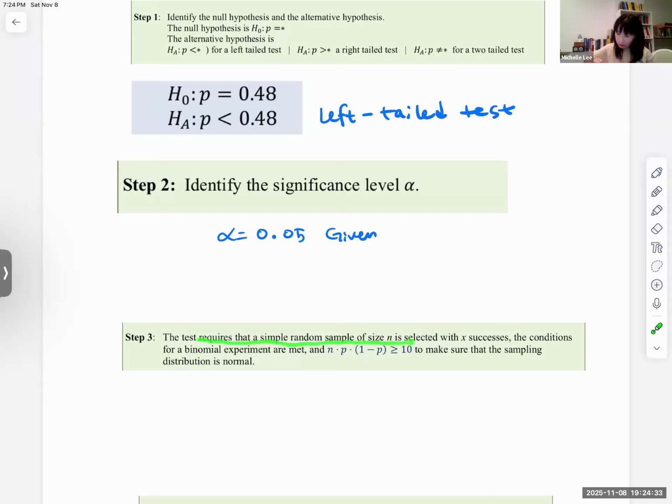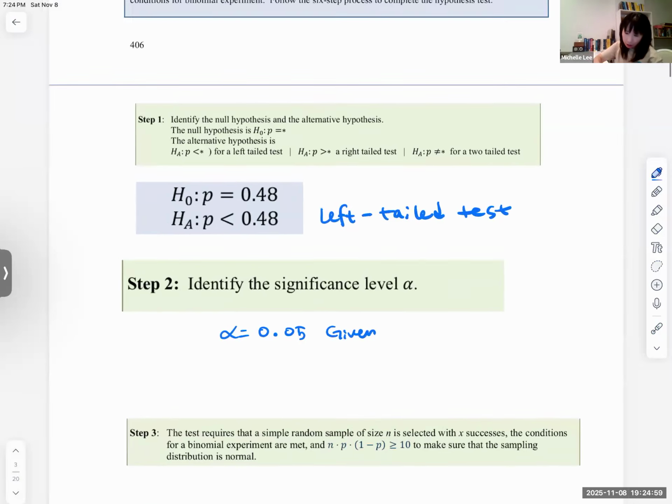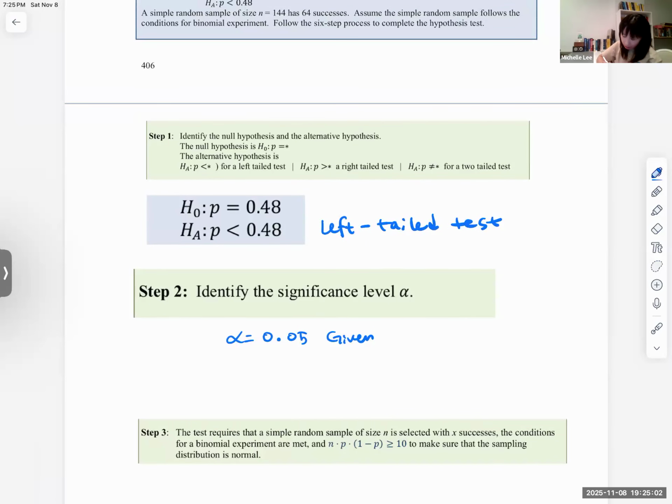The simple random sample and binomial experiment conditions are met, they already said so. We have to check the sample size, meaning whether it's big enough that the distribution becomes normal. Let's check n times p, with n equal to 144 and p equal to 0.48.